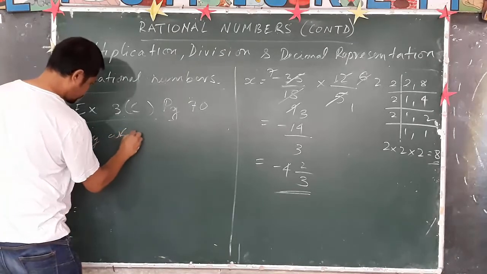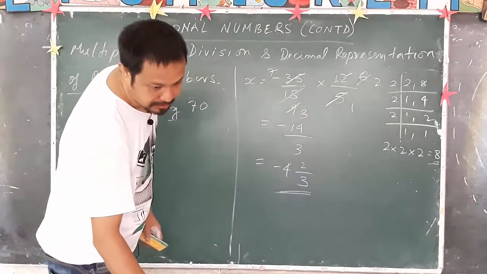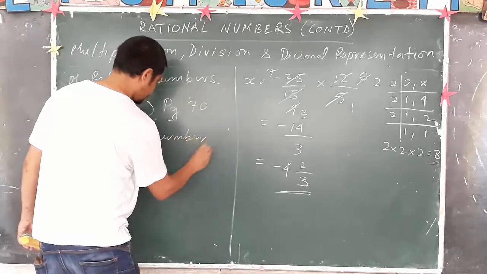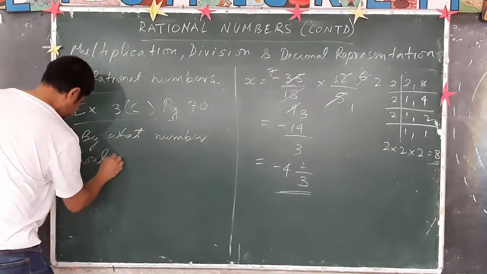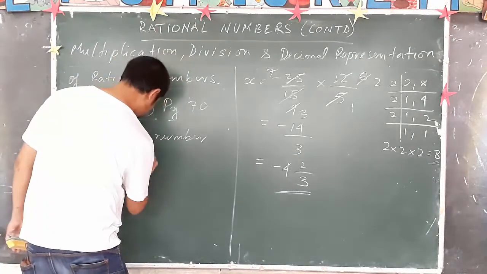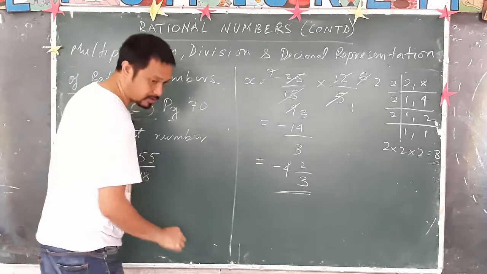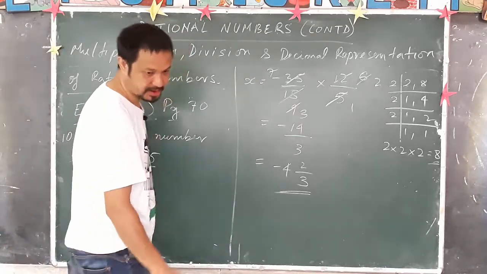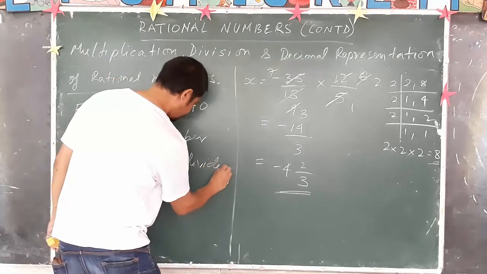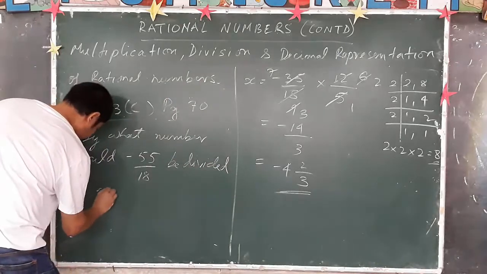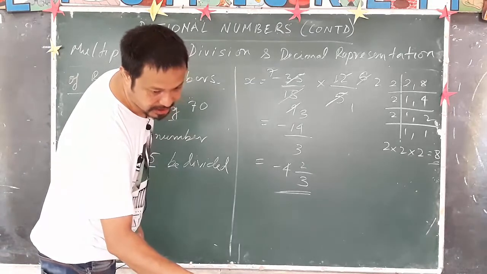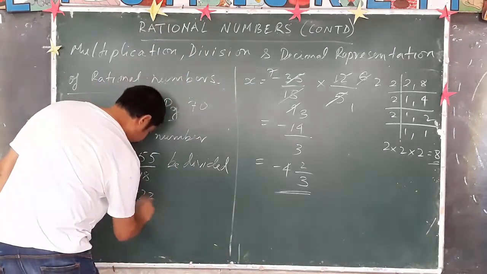By what number should minus 55 by 18 be divided to get minus 22 by 9?